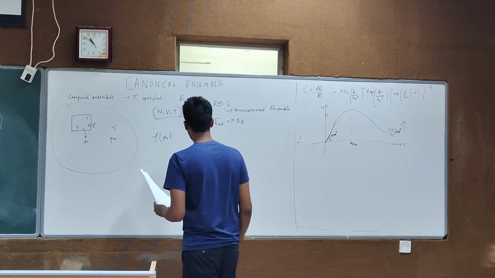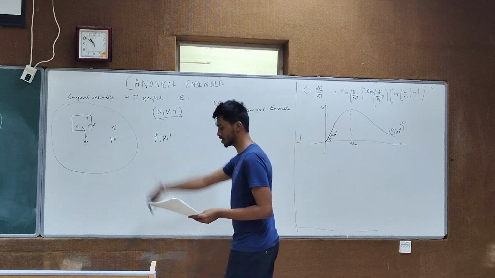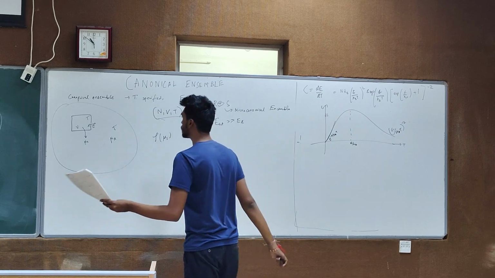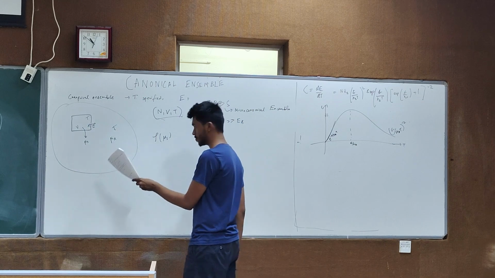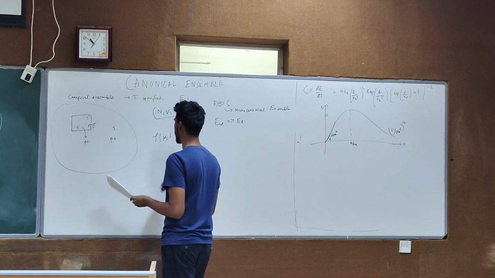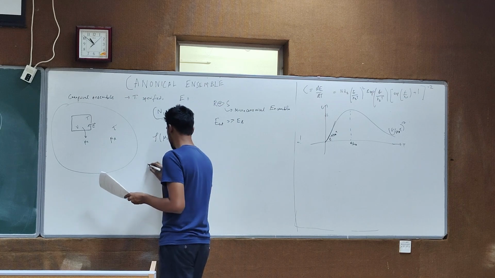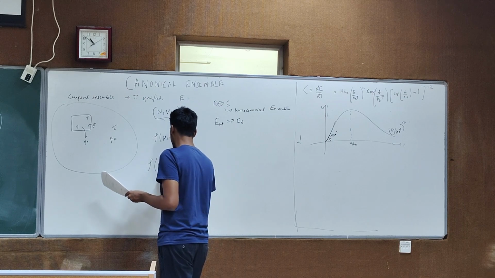Since the whole thing is a microcanonical ensemble, we can find the probability distribution of μs and μr at the same time, which is given by the microcanonical probability distribution. That is rho of μs and μr.